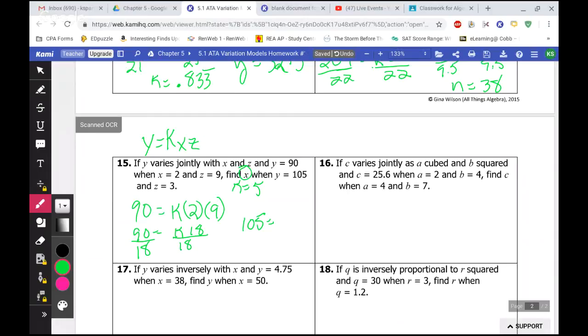And we'll go ahead and put in our k, which is 5. And we don't have x, but we do have z. So 105 equals 15x. Divide both sides by 15. And x equals 7. I had to go back up at the top.